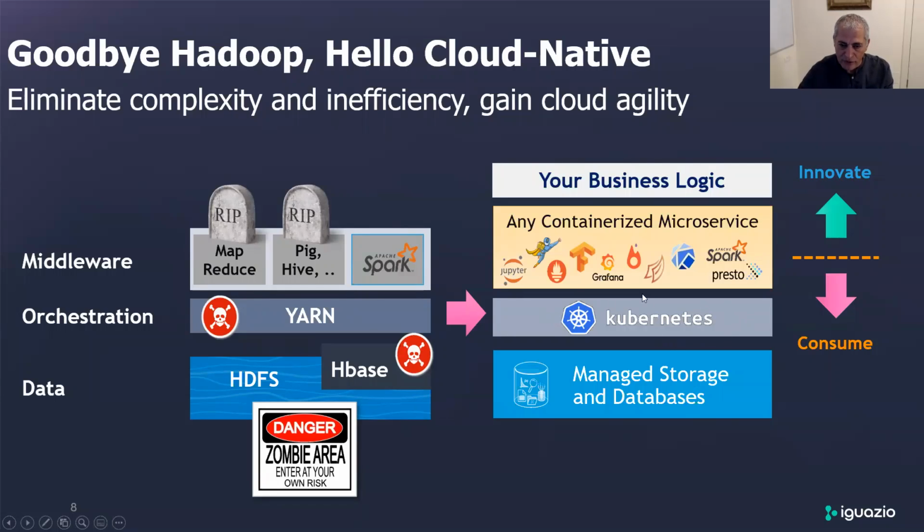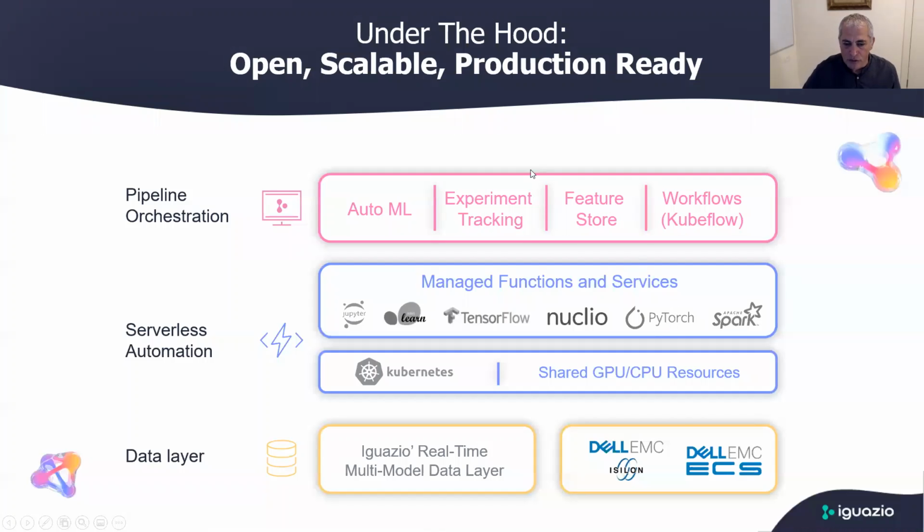So Dell and VMware have solutions like VMware Tanzu, or you could use any other Kubernetes framework. So again, if we're zooming into the solution that we've worked on together with Dell, you have a data layer. The data layer usually comprises big data files and things like that, using Dell Isilon or Dell ECS object store.